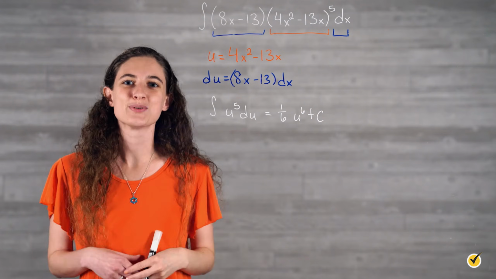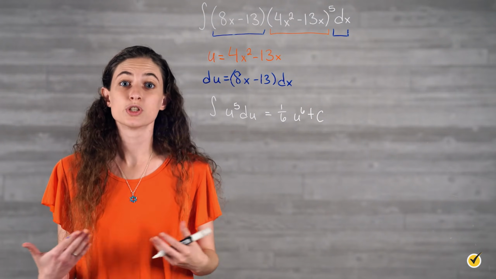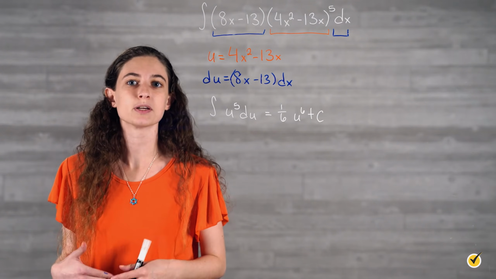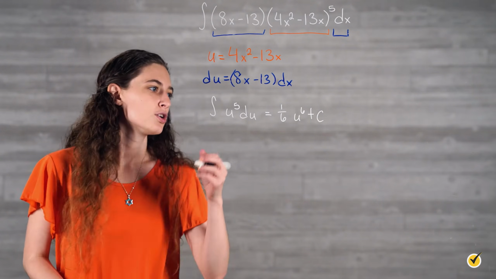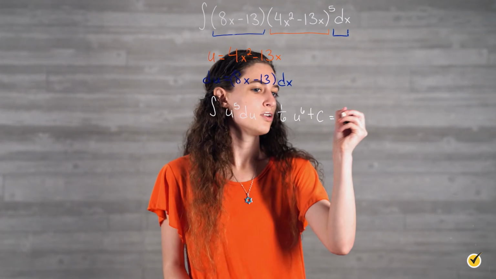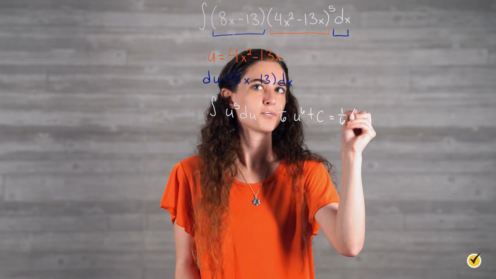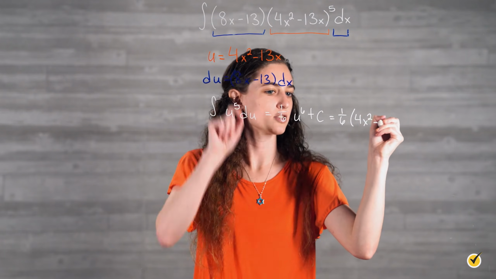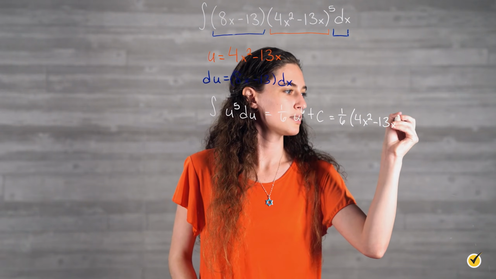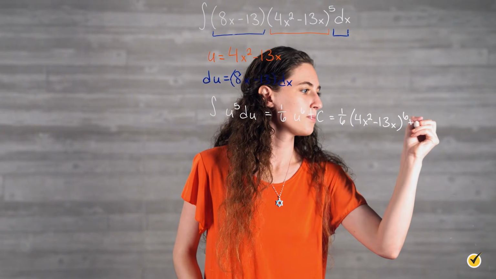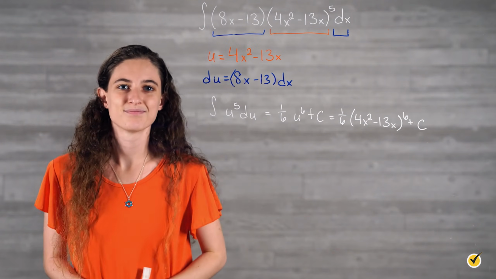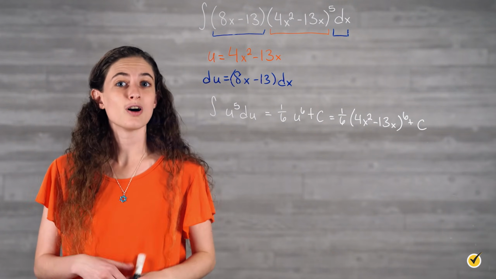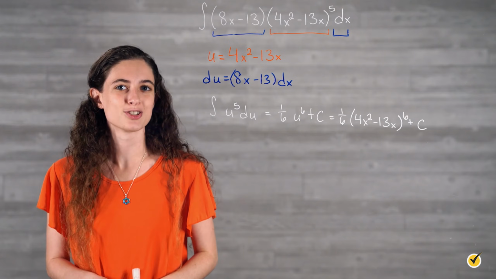All that's left is to rewrite the result in terms of x, which involves substituting 4x squared minus 13x for u. So we have this is equal to 1/6 times 4x squared minus 13x to the sixth power plus c. Remember, you can always take the derivative to check your result.